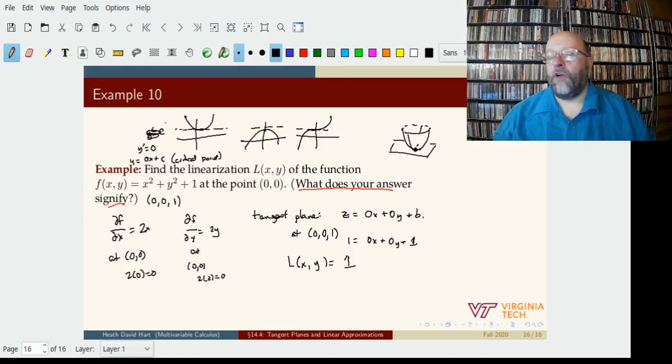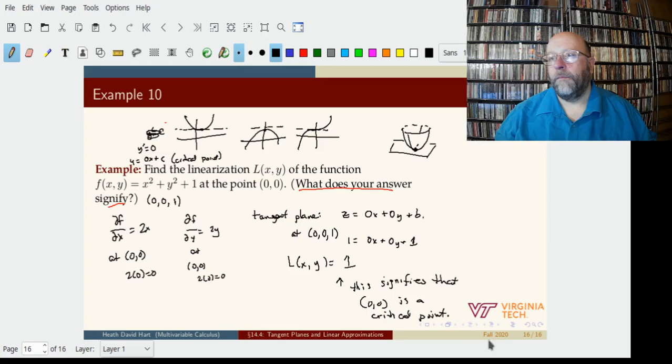And that critical point is likely to be a maximum or a minimum, but not guaranteed to be. And so what does it signify? This signifies that 0, 0 is a critical point. Okay?